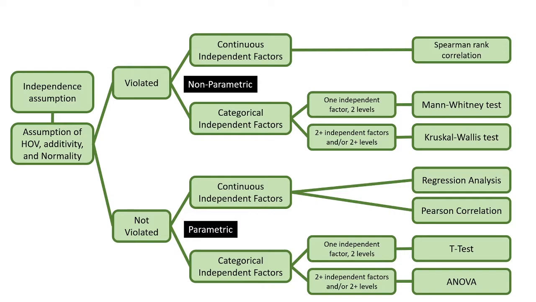It's not as strong. You'll need bigger effect sizes and n's in order to get statistically significant results with these tests, but it can be used for all types of data. Whereas the parametric tests have to meet these requirements before you can use them.